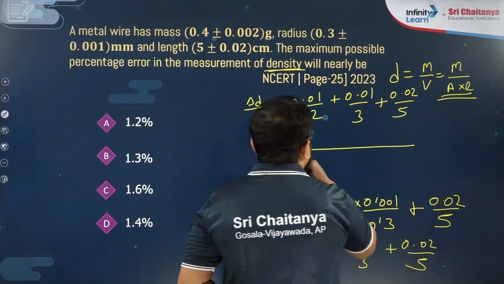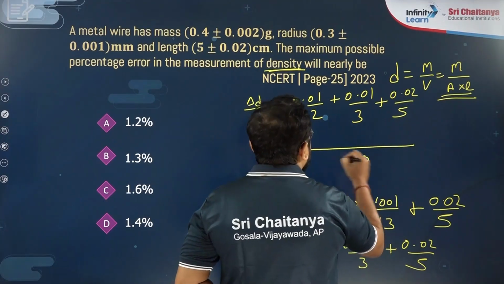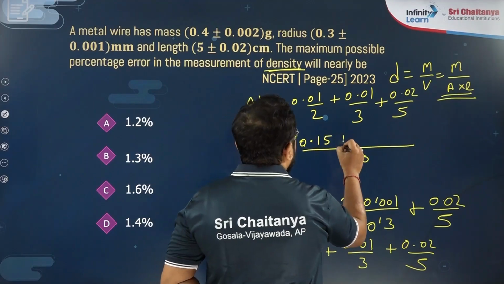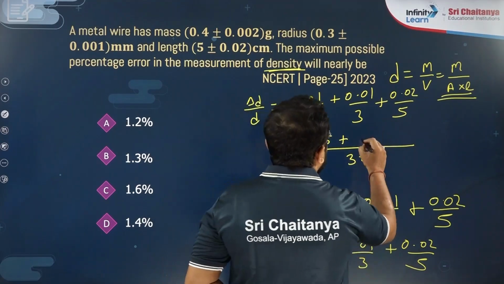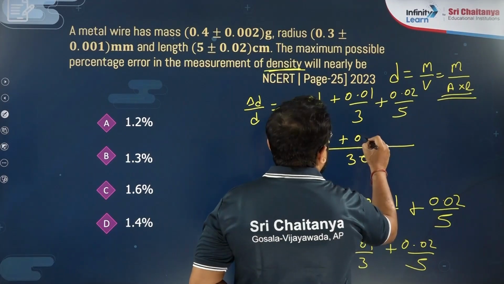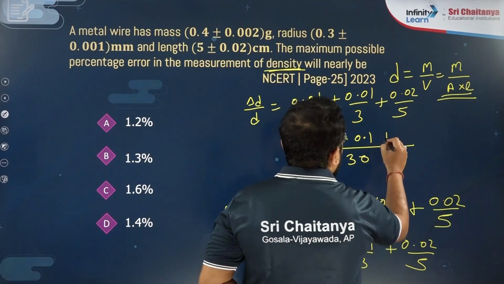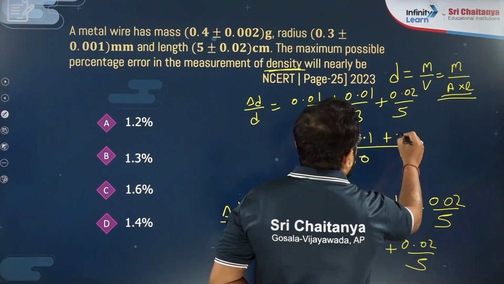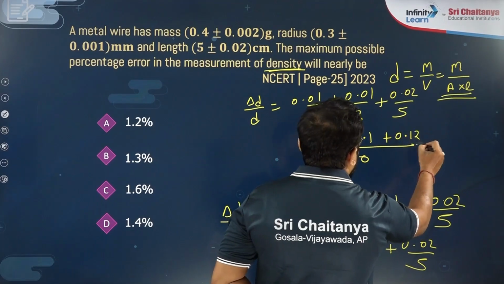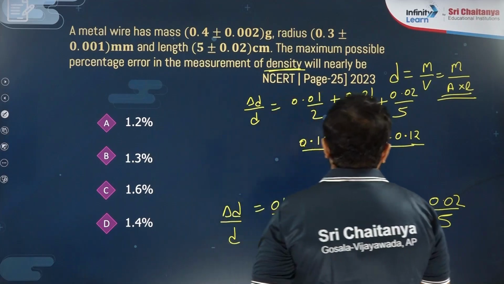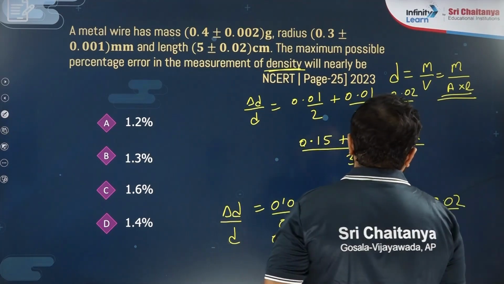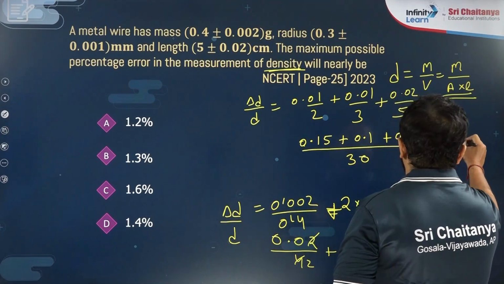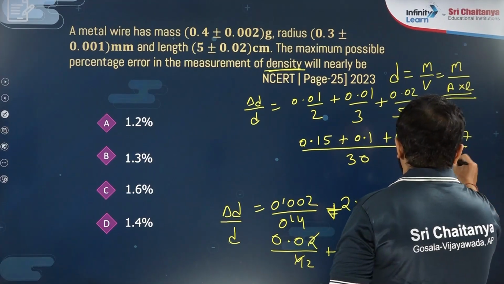Solve it out. It will become 30 here. So it will become 0.15, then 0.1, and then 0.12. So 15 plus 12, 27, 37, 0.37 divided by 30.